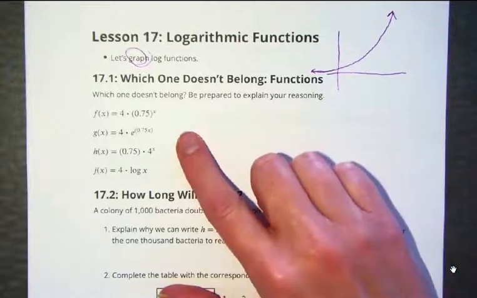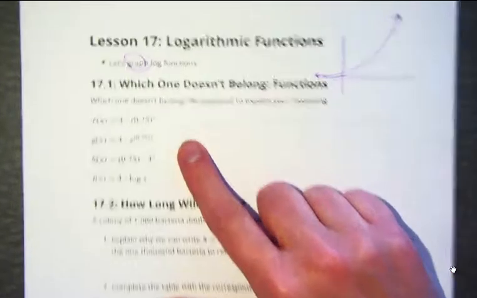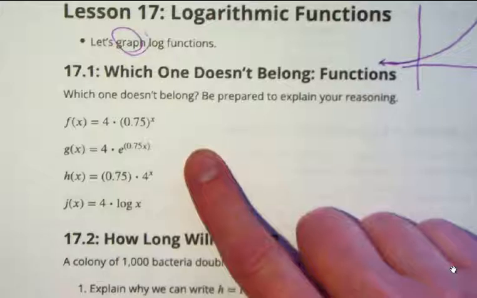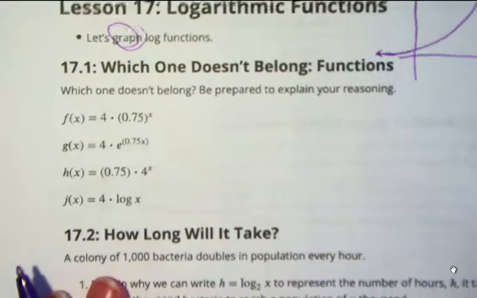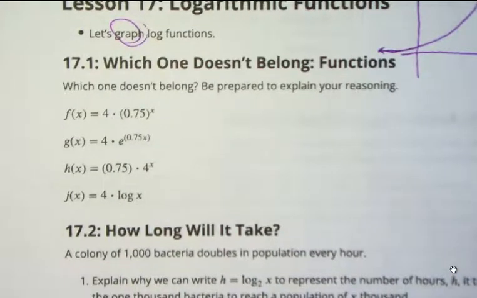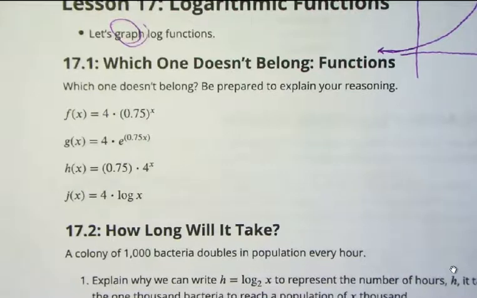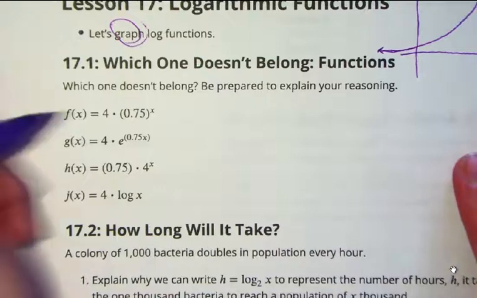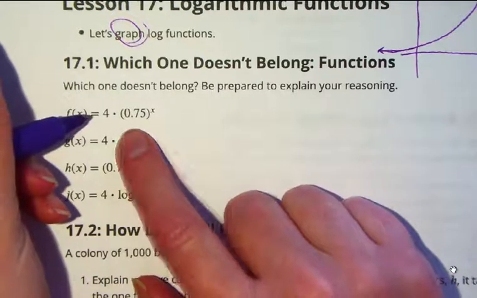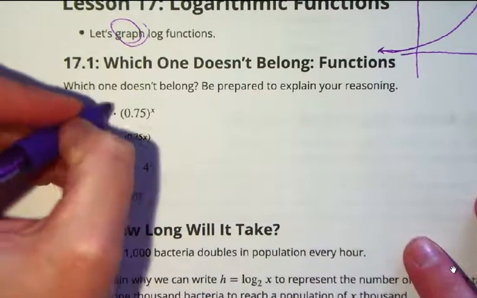It starts though with a which one doesn't belong, one of my favorite types of warm-ups going on here. And if we think about which one doesn't belong, we could go through all kinds of different ways of what makes each one of these different from others. Looks like that first one is very much where we started our unit, where we have a starting value of 4.